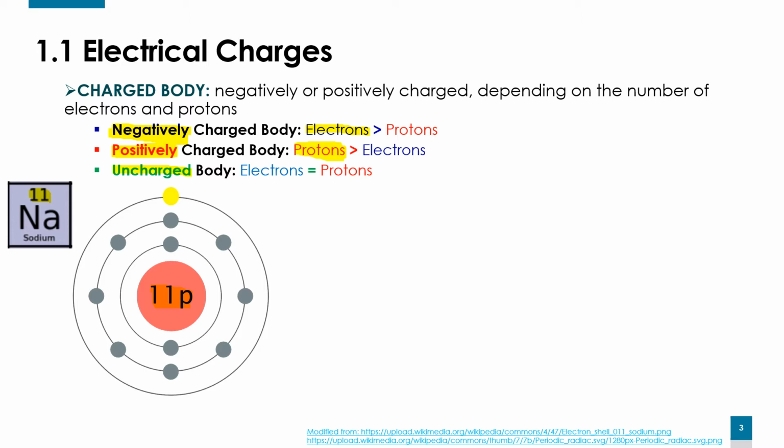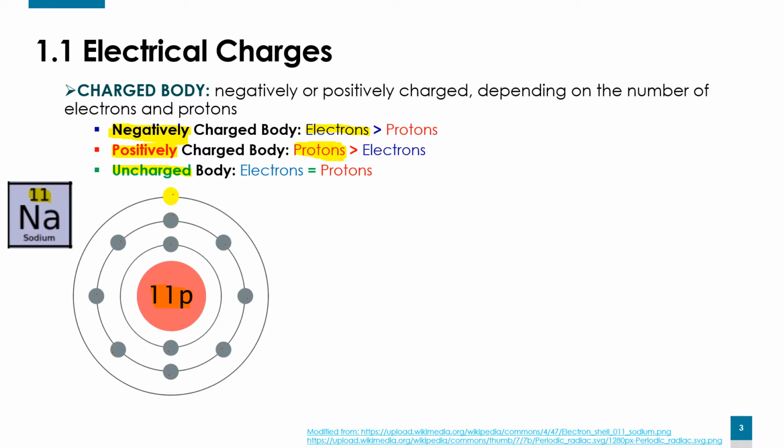Here I represent 1, 2 in the first shell, 1, 2, 3, 4, 5, 6, 7, 8 in the second shell. So I have 10 in total for now, and I have one more here, so 11. Okay, I'm just representing this with a different color because it's gonna lose this electron. Okay, but it's an electron in the same way.